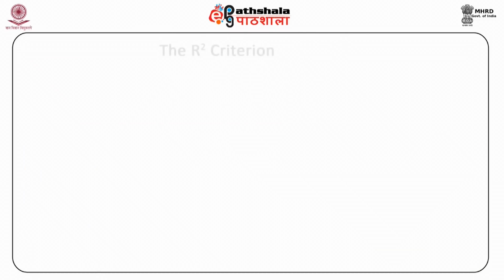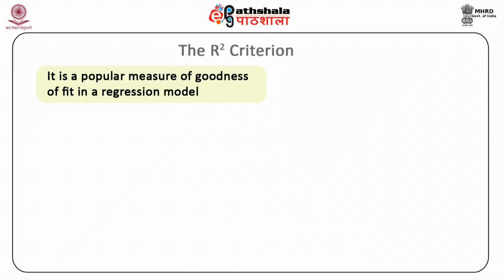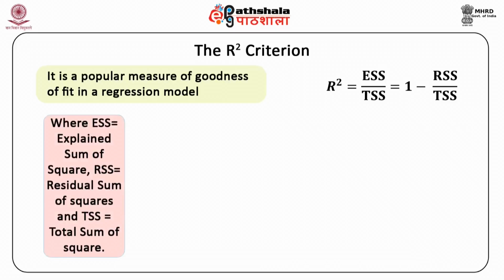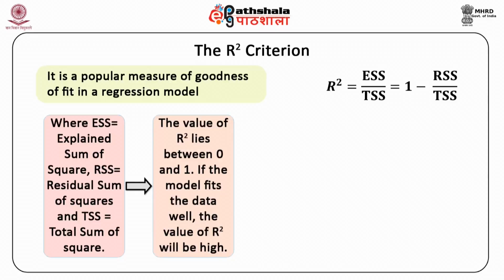The R-square criterion. It is a popular measure of goodness of fit in a regression model. It is defined as follows: R square is equal to ESS upon TSS, and is equal to 1 minus RSS upon TSS. I'm sure you know that ESS is the explained sum of squares, RSS is the residual sum of squares, and TSS is the total sum of squares. The value of R square lies between 0 and 1.